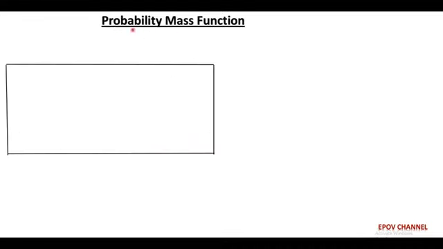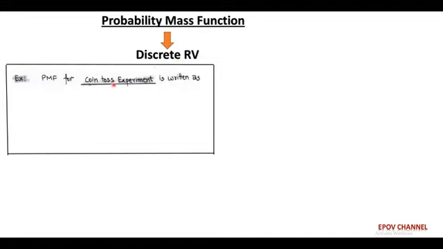Now we discuss the probability mass function. The probability mass function is basically used to represent discrete random variables mathematically. Let us consider an example of tossing a coin.